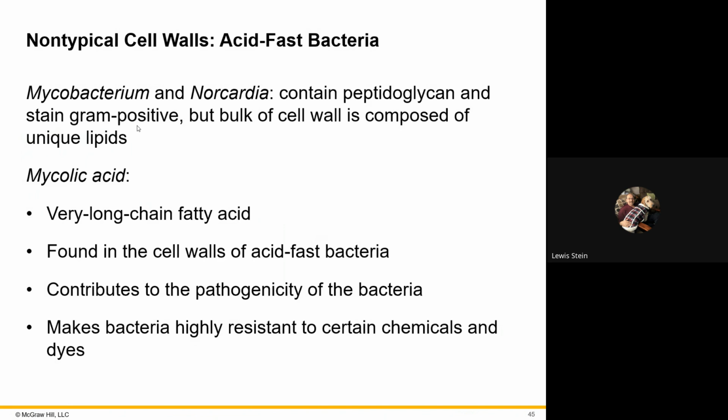And again, the genus is Mycobacterium. Famous members of that. Another one you don't see very much. I've seen one case of leprosy.